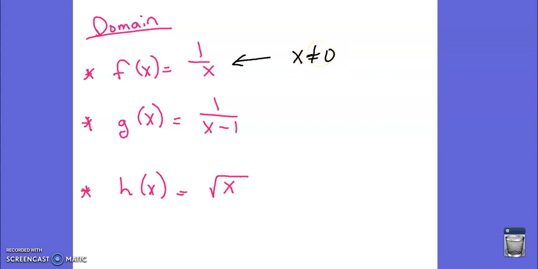So it's all real numbers except 0. Same thing here, this would be all real numbers except x cannot equal 1. And this one right here, remember, you cannot have a negative number inside the square root if we're talking about real numbers. So x is greater or equal to 0 would be the domain for that function.